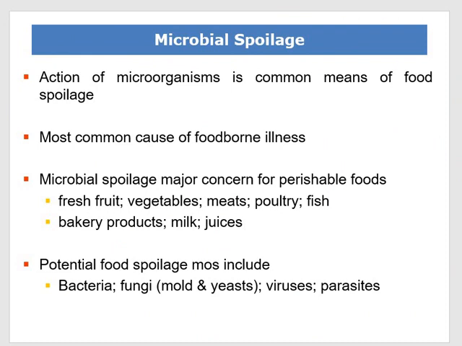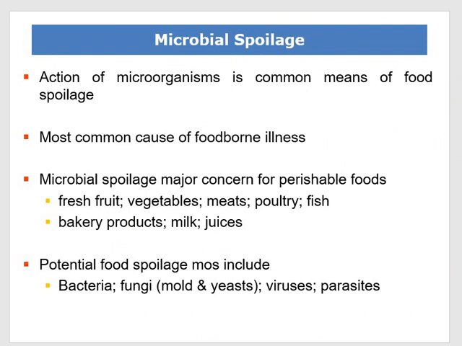But microbial spoilage is not a good sight, especially if you can see the mold growing, you can smell the product is off, you can smell that the milk is off and it's sour. So that becomes the most common means of food spoilage.